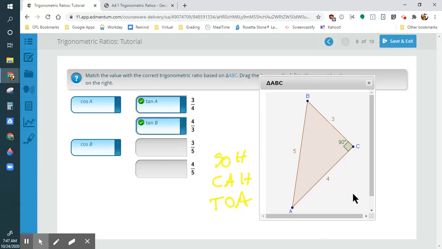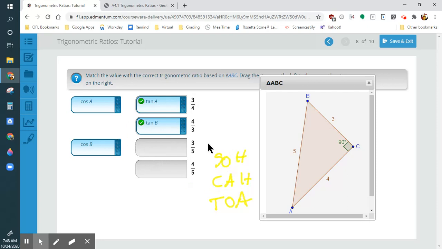And this is actually interesting. On a triangle, if you flip over your fraction, it's basically going to be the opposite acute angle. Acute means small angle. In a right triangle, both of these are acute because there's no way they can be bigger than 90, because a triangle only has 180 degrees.